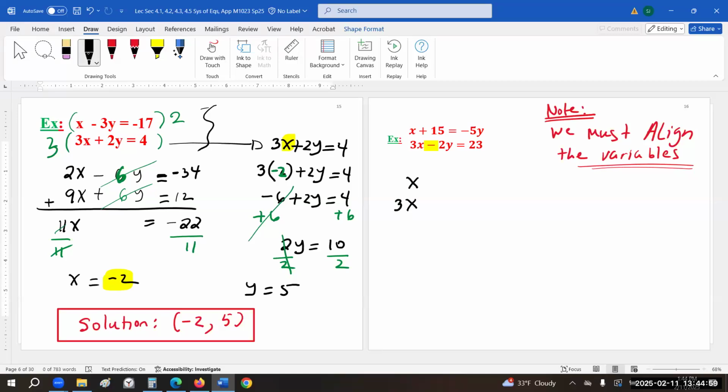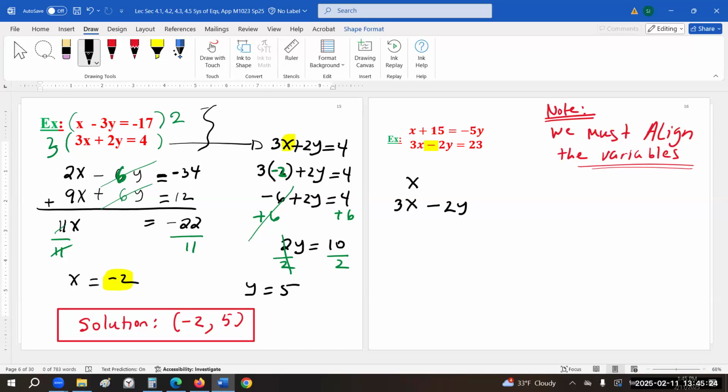Our x is already aligned. How about the y? The bottom one has 2y. Do we have y on the first equation on the second term? No. So we must bring this 5y from here to there and bring 15 from here to there. So switch their position.